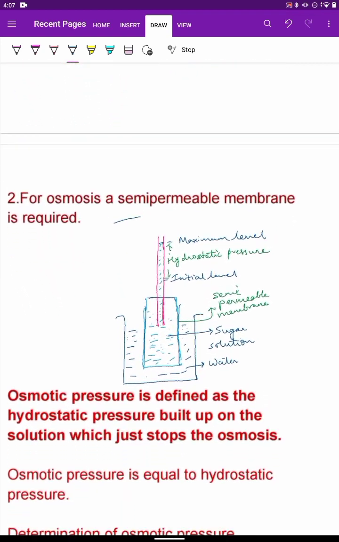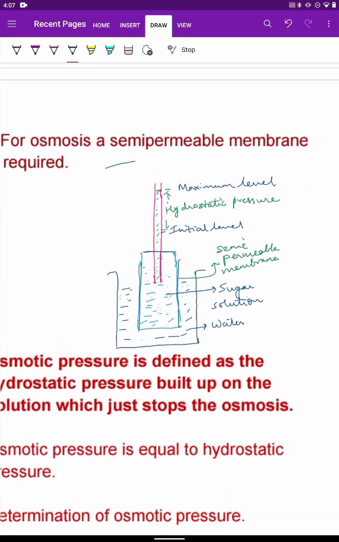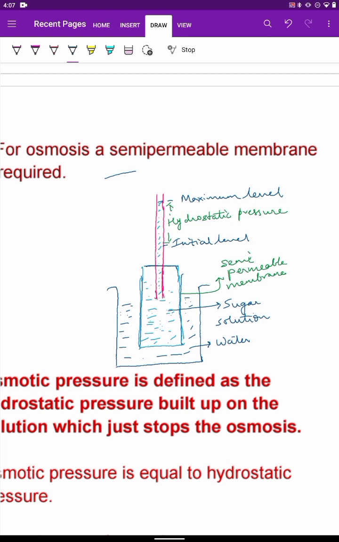Now we can have a setup like this. We take water in a beaker. In that we put another container having a semi-permeable membrane. Inside that we keep sugar solution.